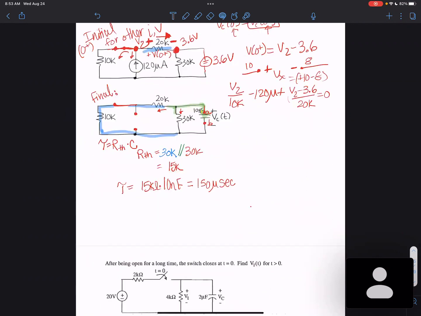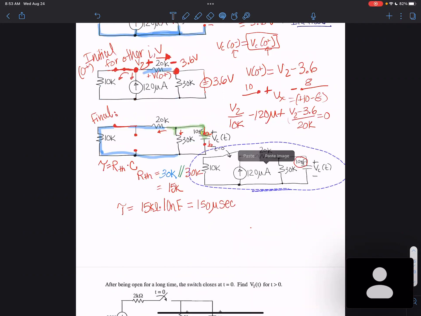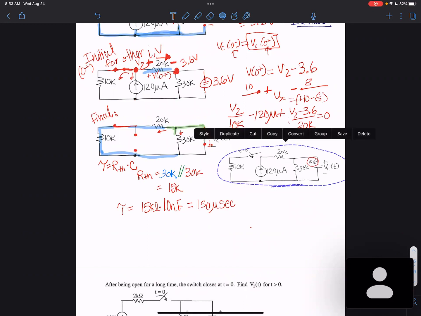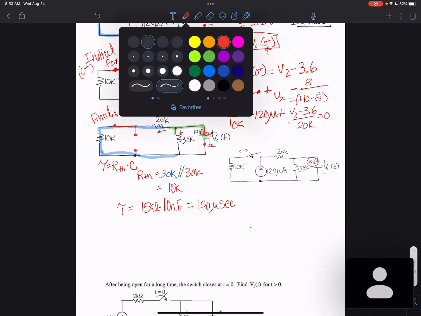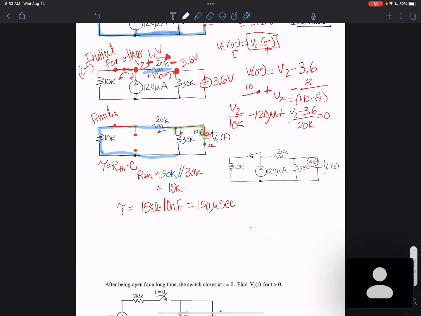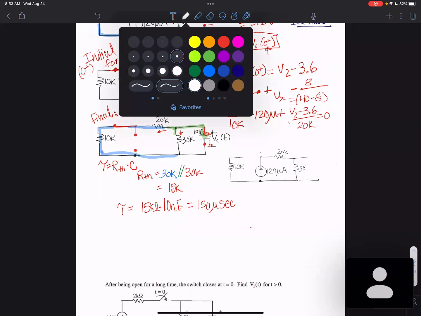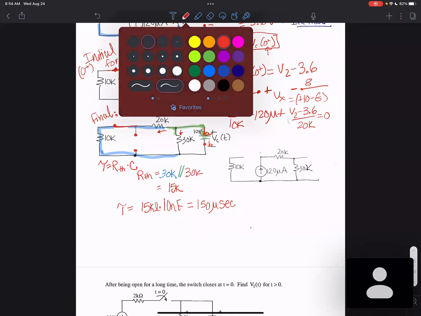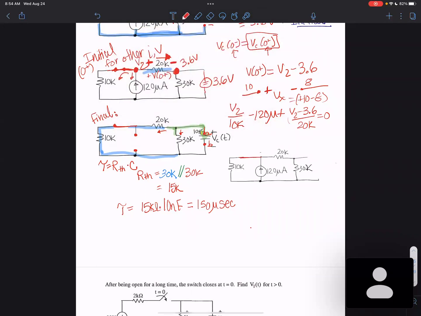The other thing that's going to be different for this one is the final value. So the final value for this one, where this switch is closed and then this one's still open. But now we want to find the final value across the 20K.